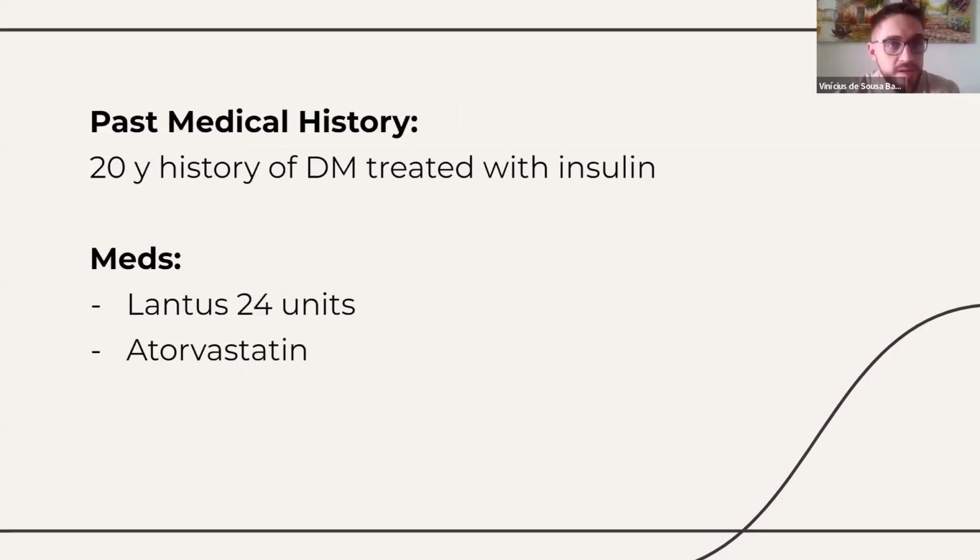To continue, the patient reveals a past medical history of a 20-year history of diabetes treated with insulin, and she's using Lantus 24 units and atorvastatin. And here comes the second question: why? With that scenario in mind, we can definitely see that the patient is insulinopenic.